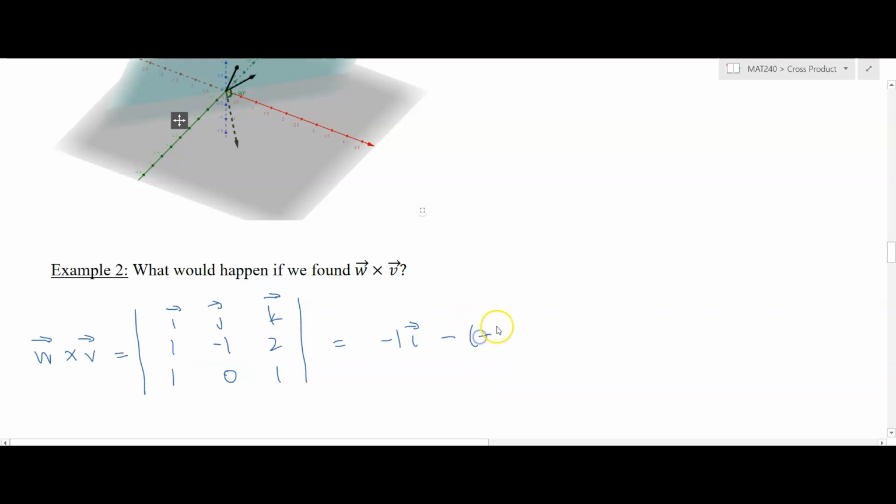So that's going to be minus a negative 1, j, plus something k. Okay, so cross out the k column, the k row. 1 times 0 is 0. Minus 1 times negative 1 is positive 1. So we'll get plus 1k, which is the same thing as listing this out as negative 1, 1, 1.